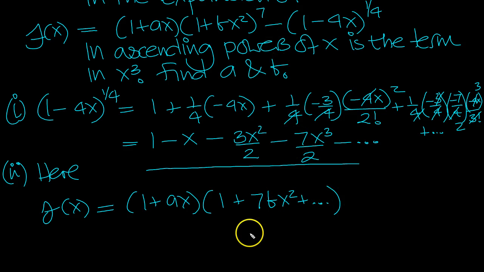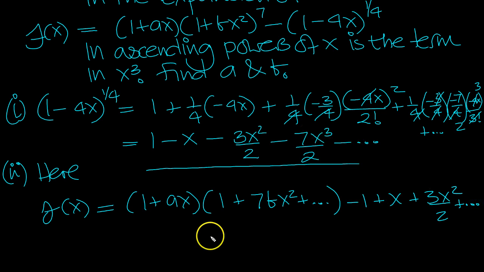Okay, minus these terms here, because we got this expansion, so we just need to take the minus through it. This will be plus, this will be a plus, and then plus dot dot dot. We don't need to worry about the x cubed from what we've just mentioned. So here we're going to get 1 plus 7bx squared for the 1 times, then ax for the x term there.